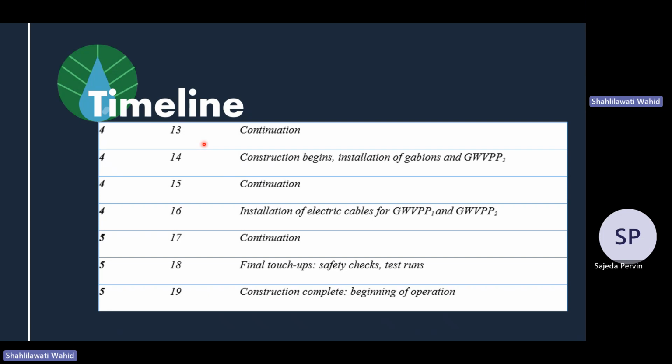Okay, and in the last week, which is week 19, if the GWPP is tested and runs properly, we will start to operate and let the GWPP conduct electricity.